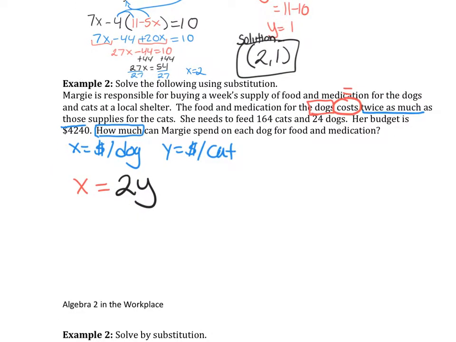Okay, so that's our first equation. Then she needs to feed 164 cats and 24 dogs with a total cost of $4,240. So this is a total right here, the 4,240, so one of our equations will equal 4,240.